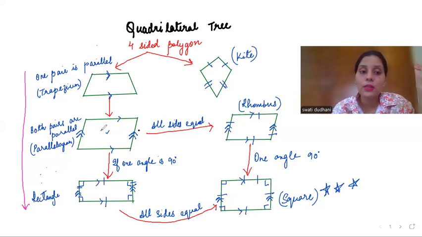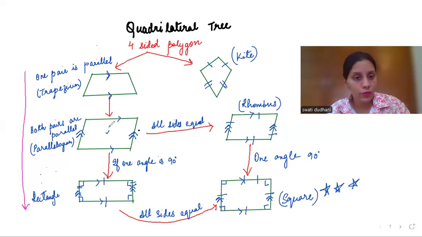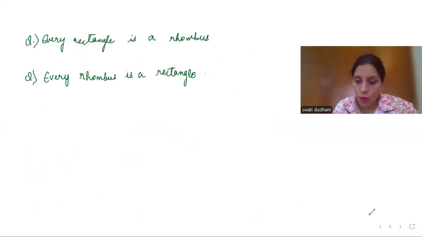Every trapezium is a parallelogram: false. Every parallelogram is a rectangle: false. Every rectangle is a square: false. Every square is a rhombus: false. So when you're coming from top to bottom in the tree, all the statements are false.